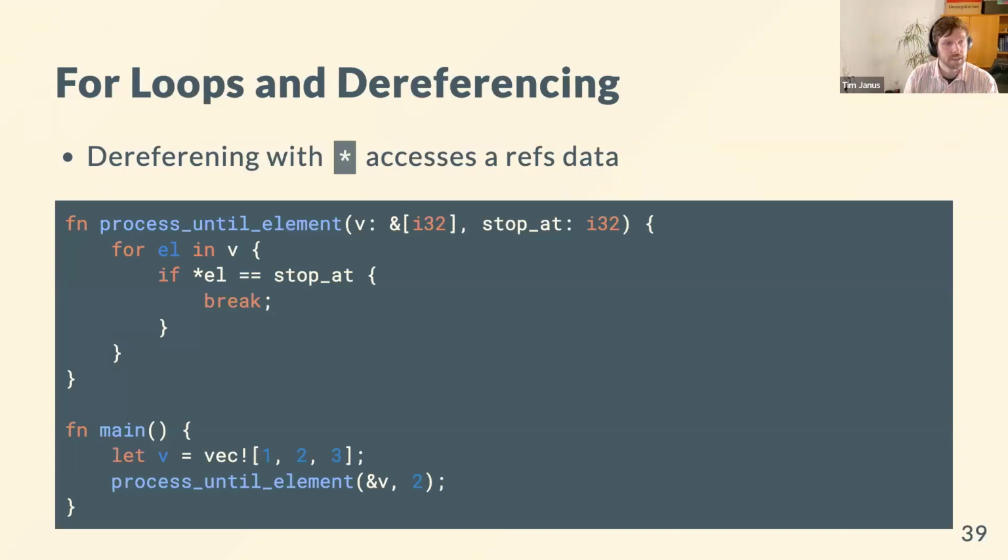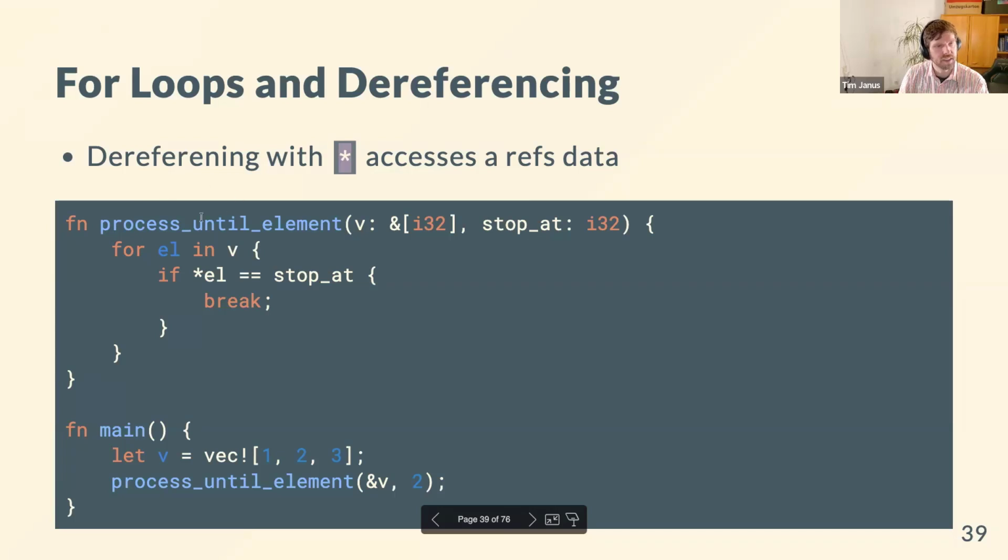I think last time we missed the example for the for loop, so I thought that's a good place to bring it in, because actually dereferencing, which is accessing the data behind a reference or pointer as in C++, you do this too with the asterisk operator.